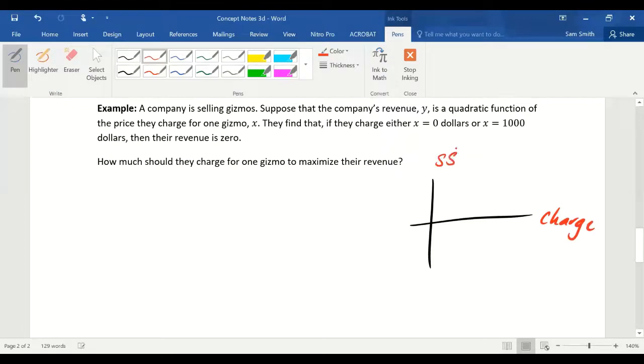Charge versus income. Because if you are selling something and that's your only way of making money, and if you don't charge anything at all, if you're just giving your stuff away for free, you're not making any money as a result of that. But if you charge an enormous amount of money for the stuff that you're selling, no one's going to buy it.